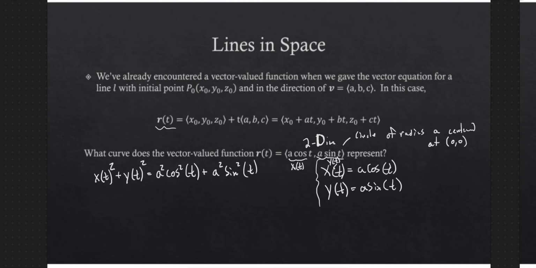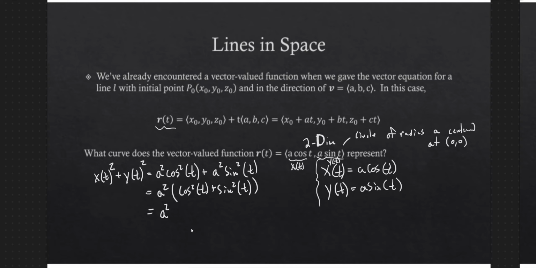If that were a b, then this would in general be an ellipse. And so I can pull that a squared out. I get a squared times cosine squared t plus sine squared t. And we know cosine squared plus sine squared, that's an identity we should be familiar with. That's just 1, right? Because this is on a circle of radius 1. And so we just get a squared out.